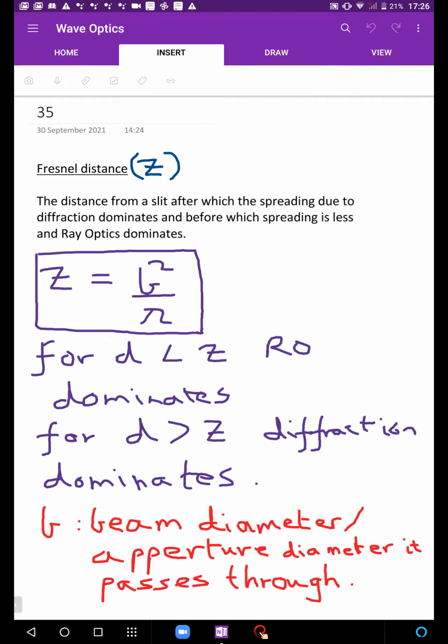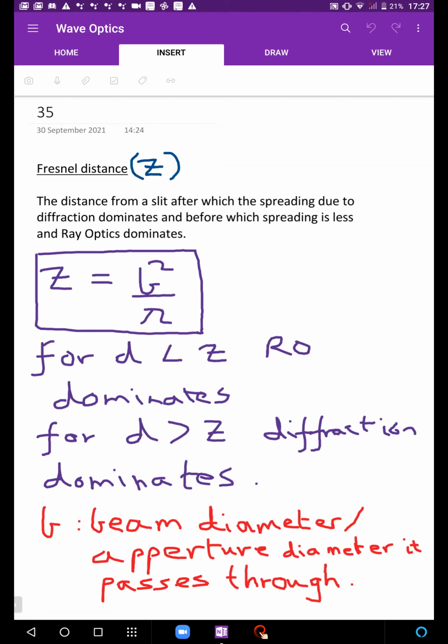So lambda is in nanometers, and if b is decently big, maybe centimeters, then you could say that this distance is big. So therefore, your Fresnel distance is decently big. Okay, so therefore, when you use lenses for practical applications, diffraction doesn't cause that much of a problem.